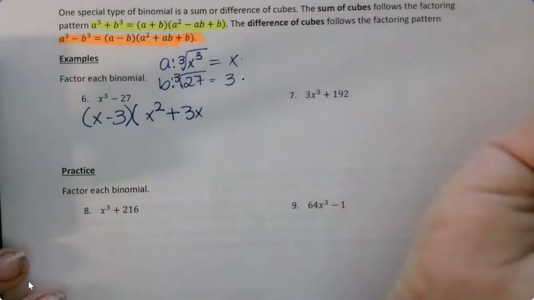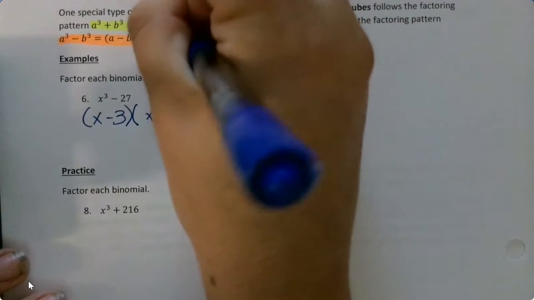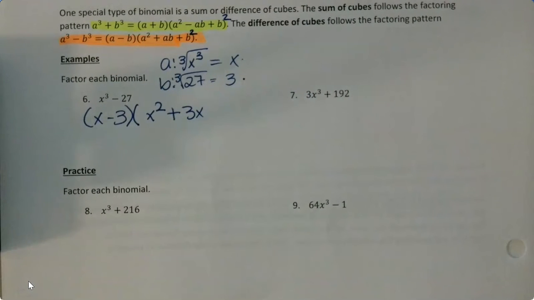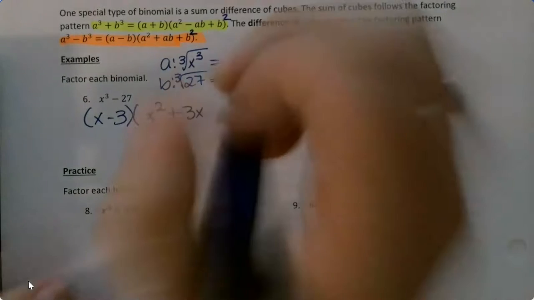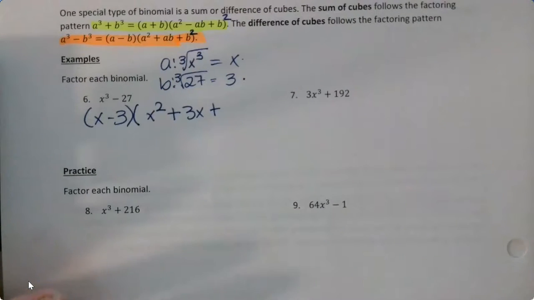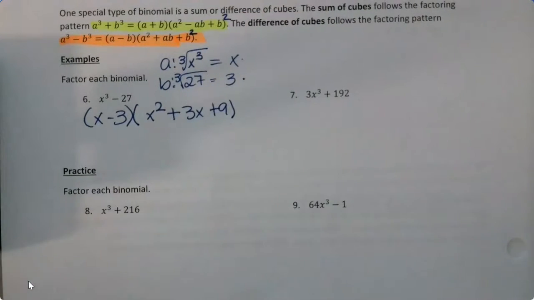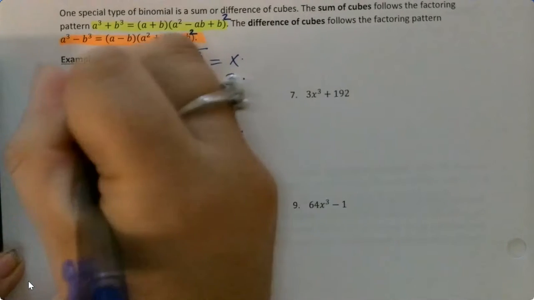And oops, I messed up. These should be squared on the notes. So then I should square my b, which is 9. And I can't go any further because this is a special pattern, so this is my final answer.